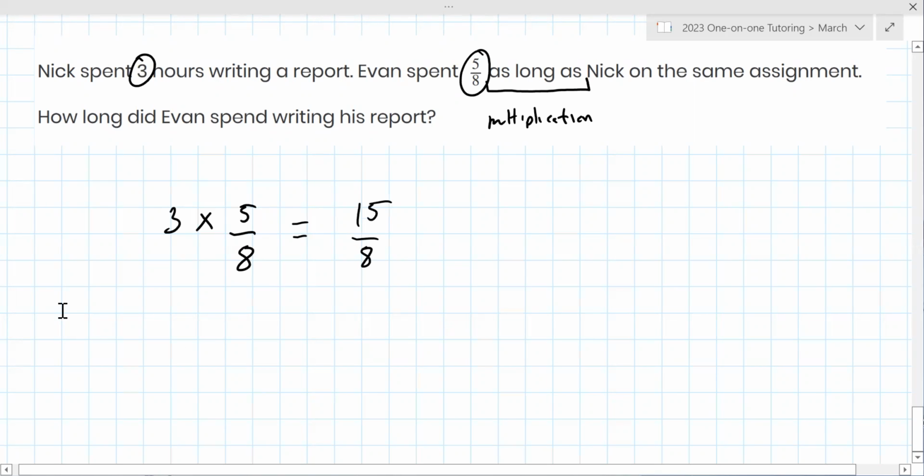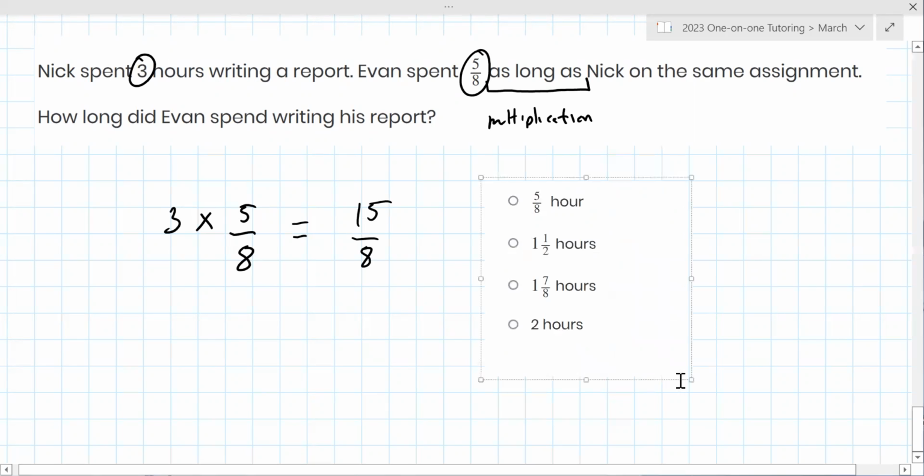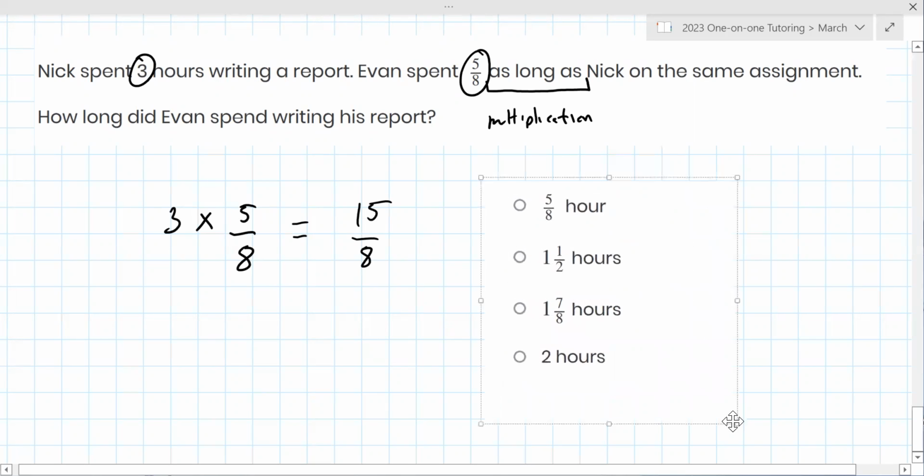Let me snip in the answers though, and we're going to see that there's a problem. Do you see your answer here? No. Are there any that you can eliminate? Like any that you know that are not correct? The 2 hours. Okay, I would agree. Anything else?